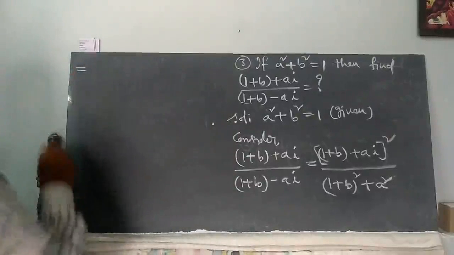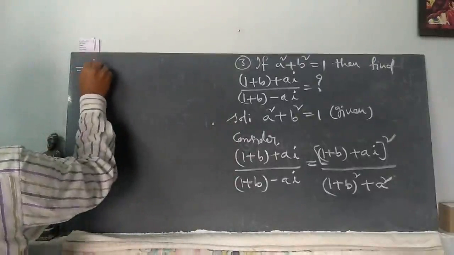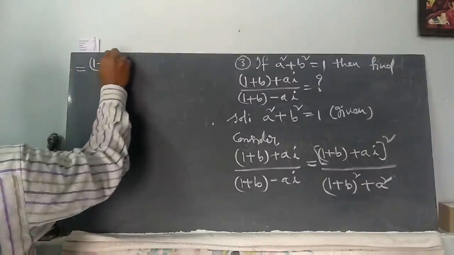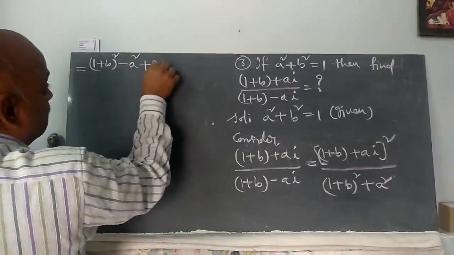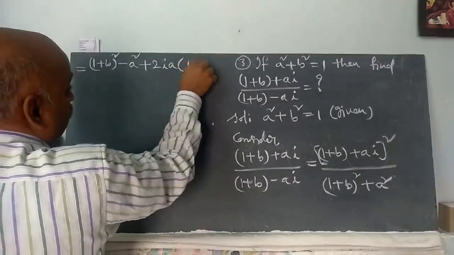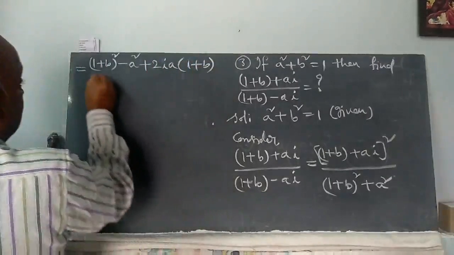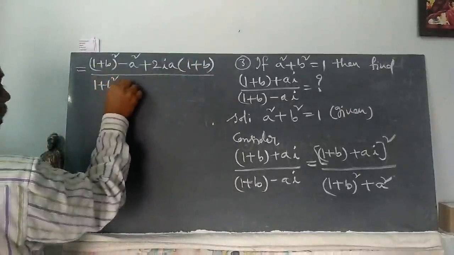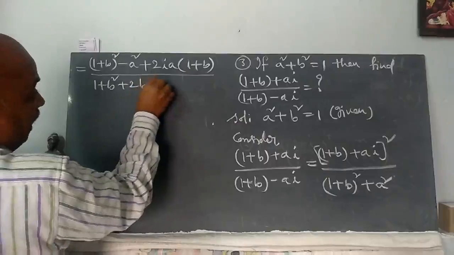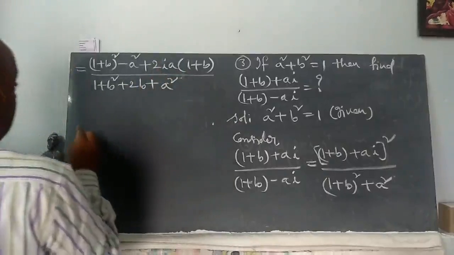This is equal to (1 plus B) whole square minus A square plus 2iA into (1 plus B) whole by 1 plus B square plus 2B plus A square.